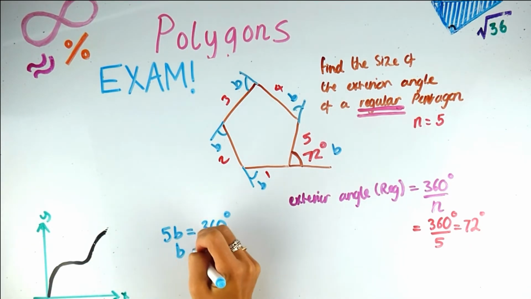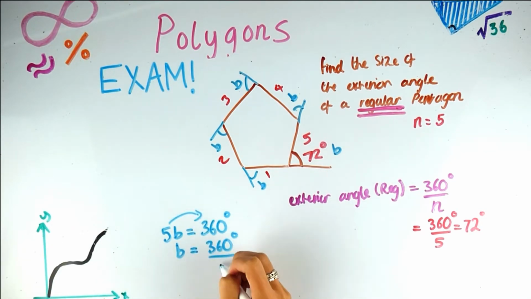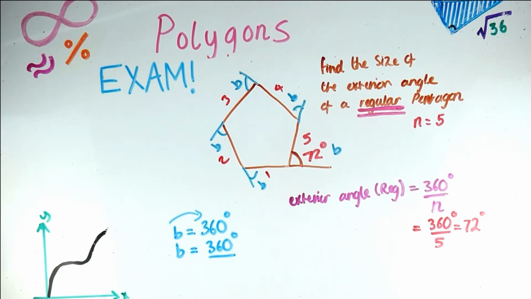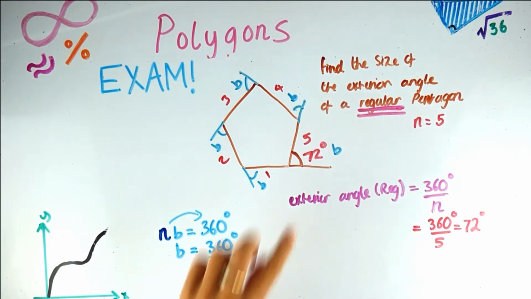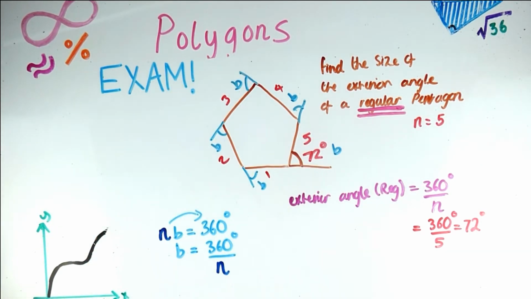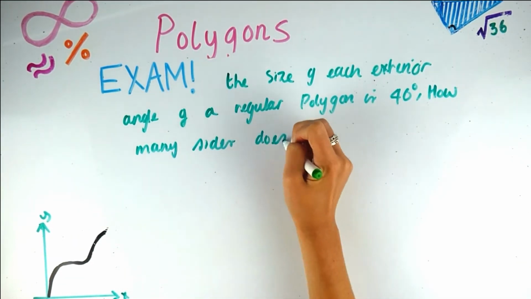So one of those angles, B, is 360 degrees divided by 5. But we could replace this 5 with n, and that's how we get the formula if it's regular, because these are the same size. If it's irregular, these Bs aren't all the same and we can't use this formula. But that's just showing you how it works, and that's just the first exam question.